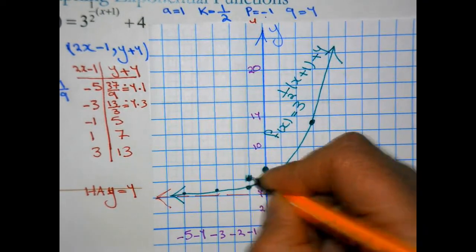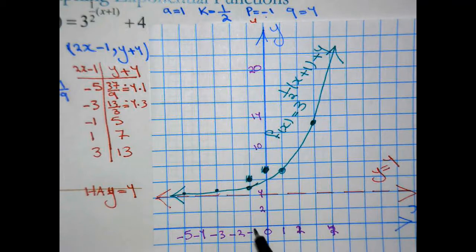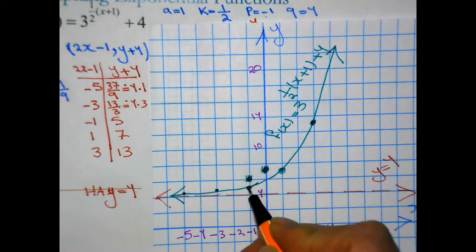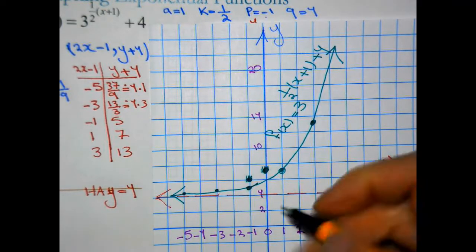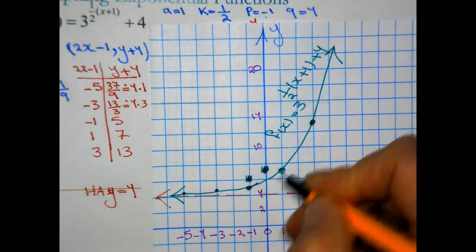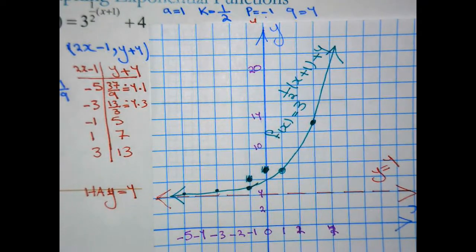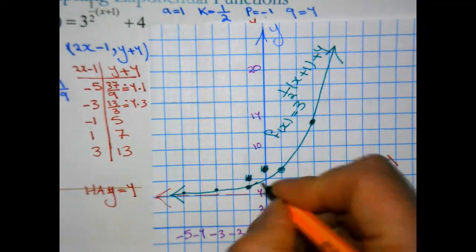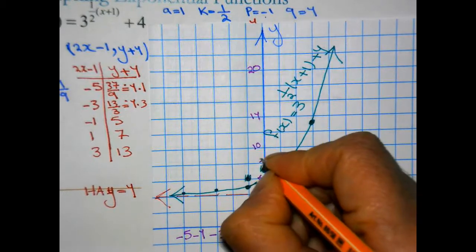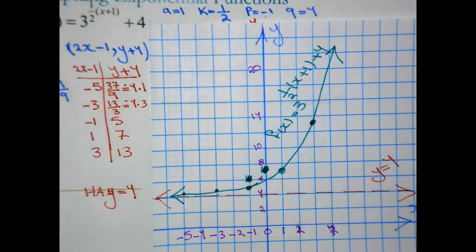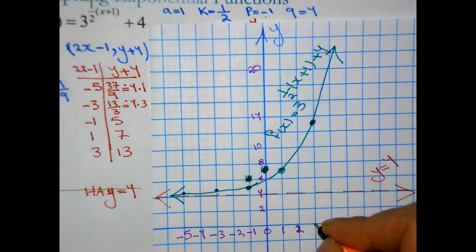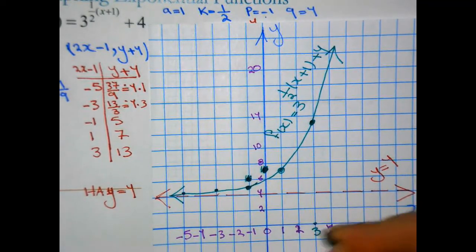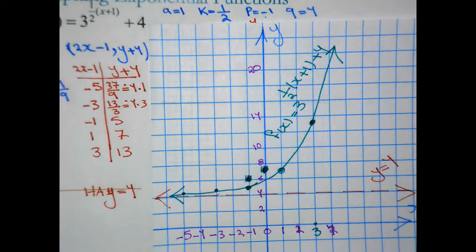Sorry, these 2 points. We had -1 and 5, which was here, and we had 1 and 7, which was there. Sorry, I initially put it in the wrong place. Okay, so this is 1 and 7, and then maybe I want to put the 3 here too. So 3 and 13.